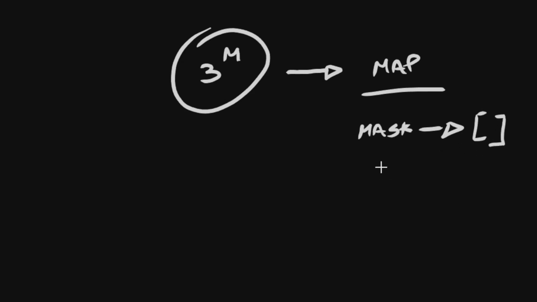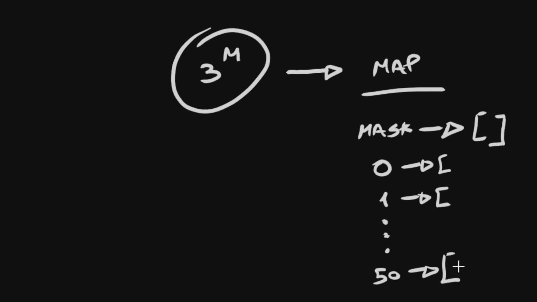So for example, we could have the key of 0, this will be equal to some array, the key 1 will have another combination, and so on until we have the key of 50, for example, and this will be an array with 2 1 2 1.